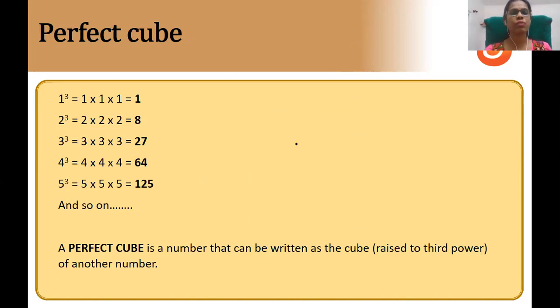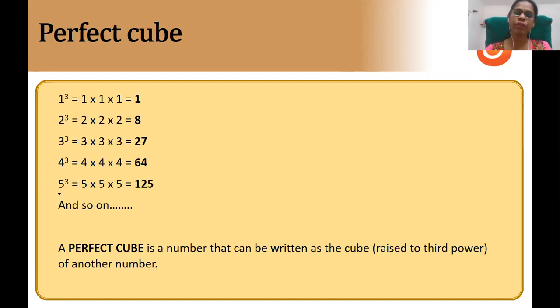Cube of 1 is 1 multiplied by 1 multiplied by 1, which gives us 1. Cube of 2, 2 multiplied by 2 multiplied by 2, which gives us a value of 8. Cube of 3, 3 multiplied by 3 multiplied by 3, which gives a value of 27. Cube of 4, 4 multiplied by 4 multiplied by 4, which gives a value of 64.